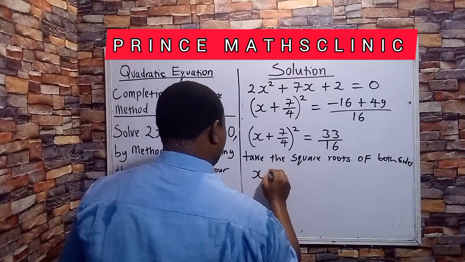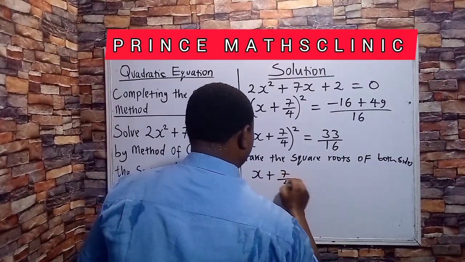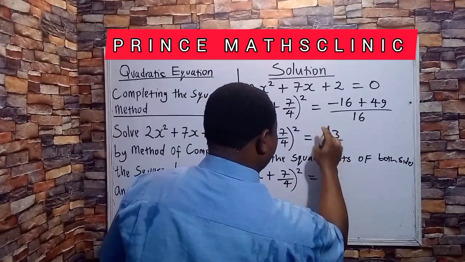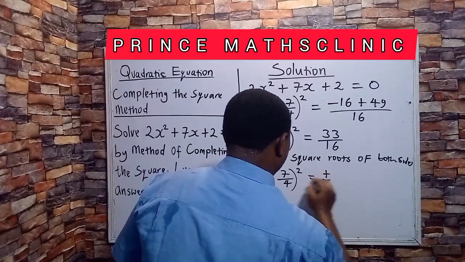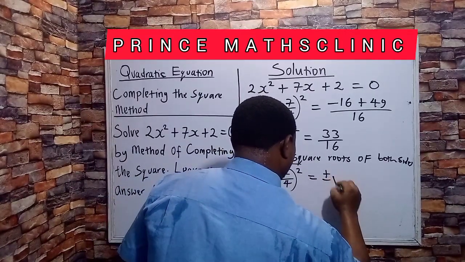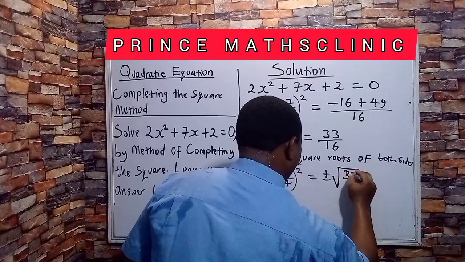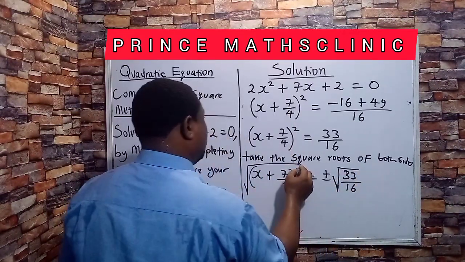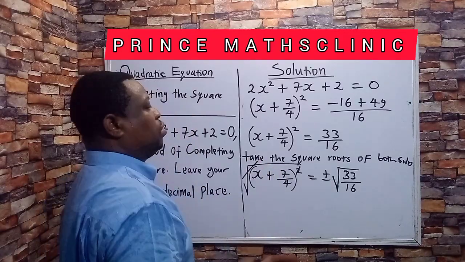So if I take the square root of both sides, and we are taking the square root, it comes with plus or minus. So the square here, we cancel the square root.